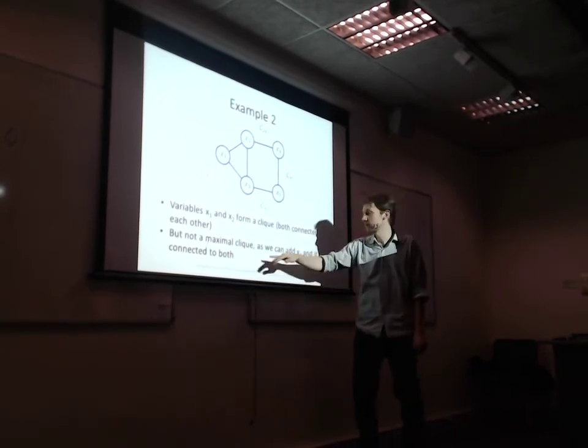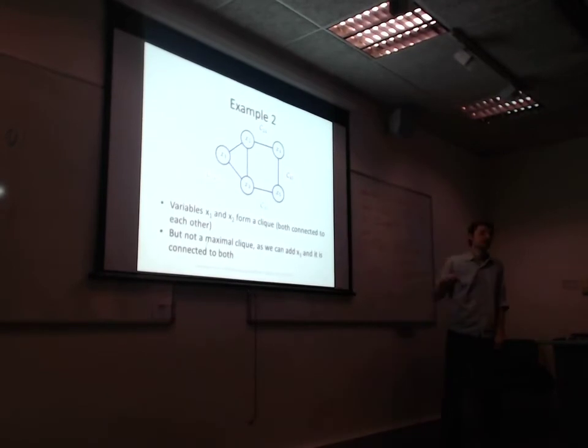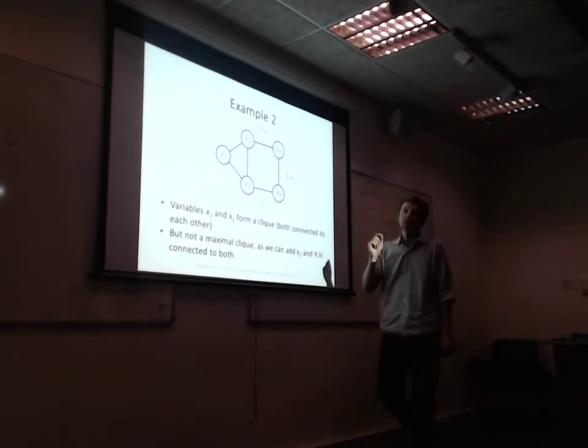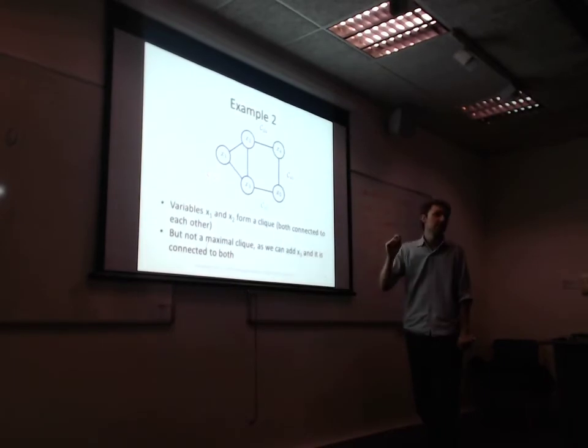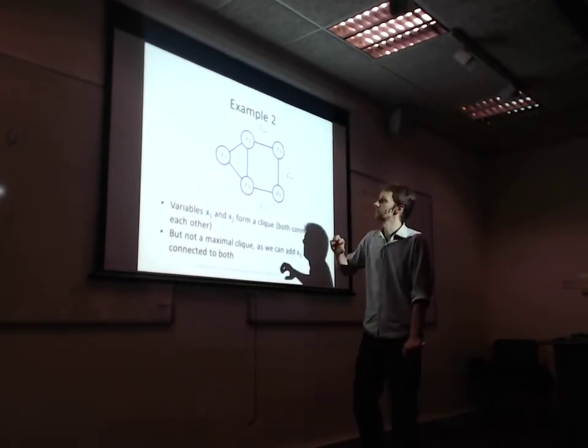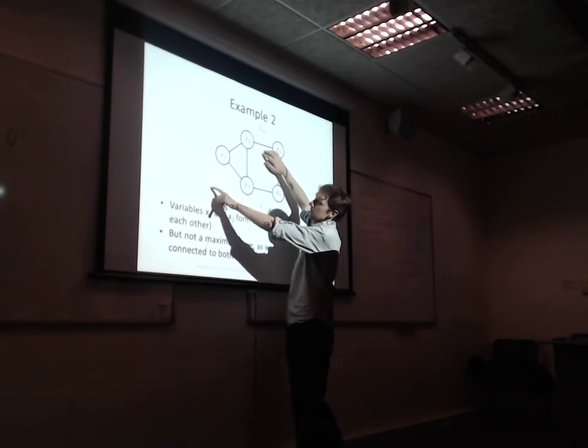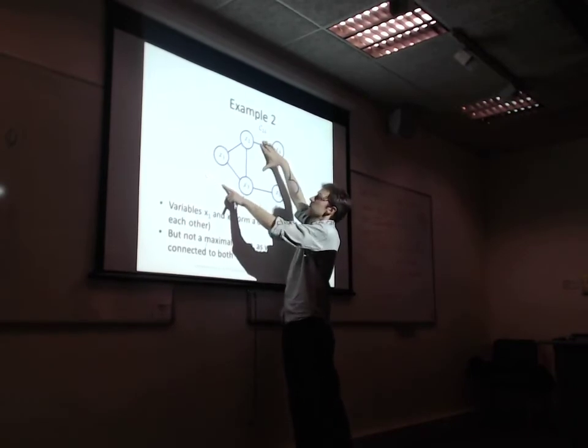A maximal clique is one where you cannot add another node which would be independent of the things you already have in your set. So we have here clique 1, 2, 3, which is a maximal clique.